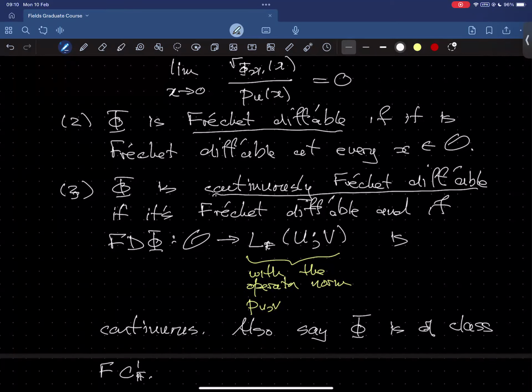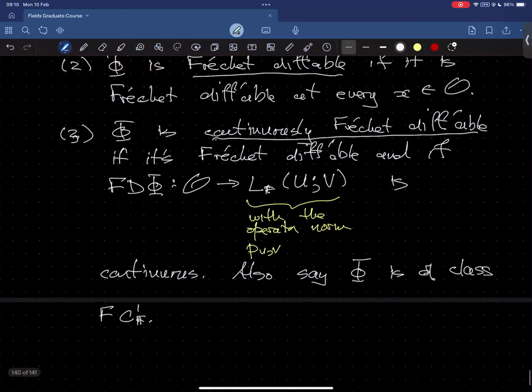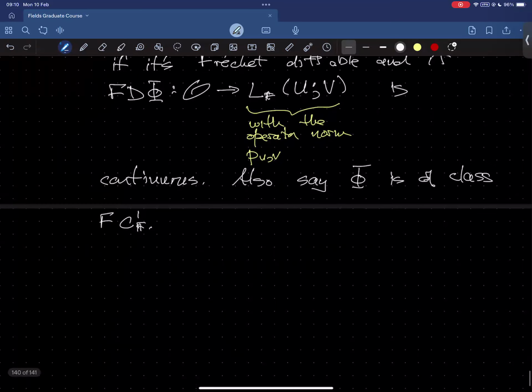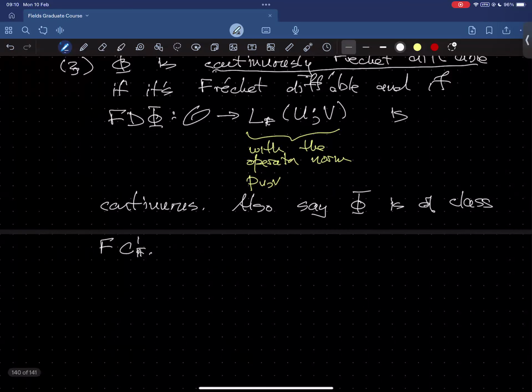Let me also define higher differentiability, which again I have done before. Okay. And so phi is, and the definition I'm going to give is the usual recursive definition, similar to the one that we used for class CK functions.